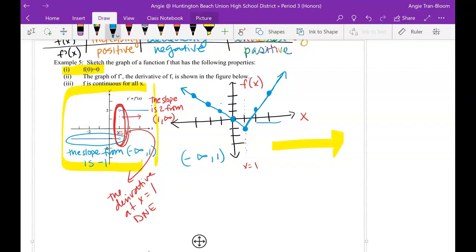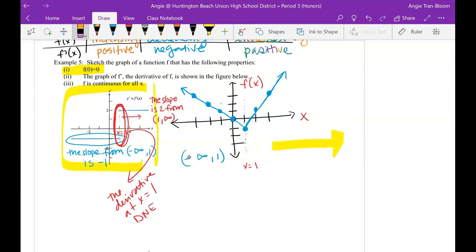Because the slope coming from the right hand and the slope coming from the left hand are not the same. One of them is 2 and one of them is negative 1. They're not equal. Therefore, the derivative does not exist. Remember the definition: for the derivative to exist at a point, the limit has to exist, okay? So in this case, it doesn't exist, even though it is filled in.